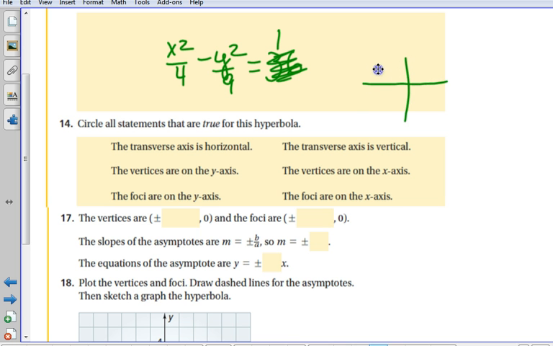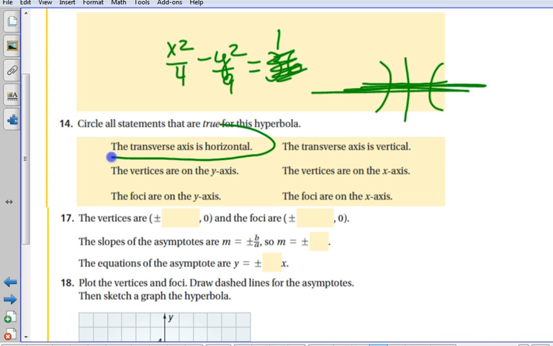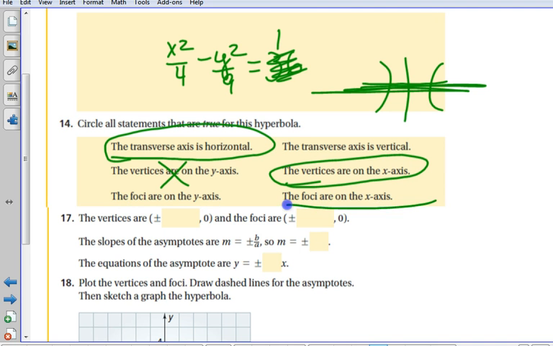Okay. This is a horizontal. The transverse axis is the one that goes through the vertices, so it is horizontal. The vertices are not on the y-axis. They are on the x-axis. The foci are then also on the x-axis. The vertices are how far out on the x?